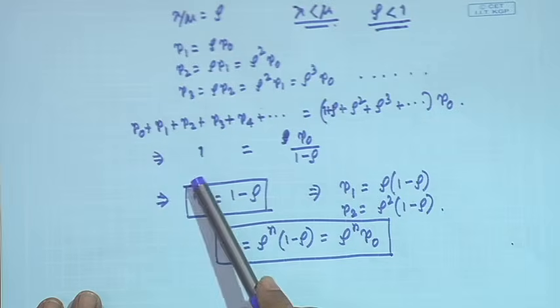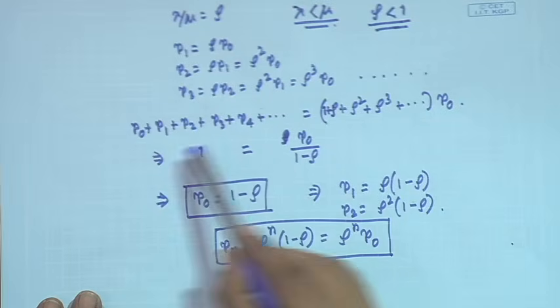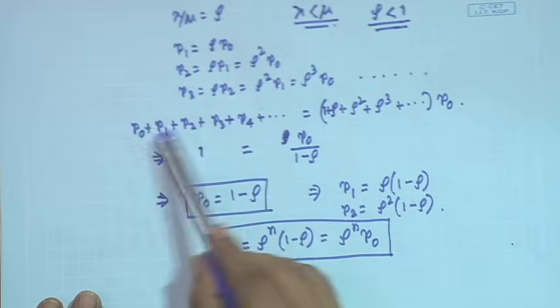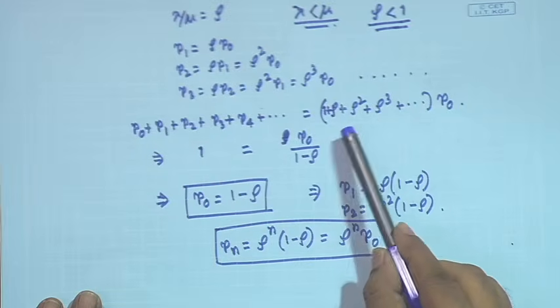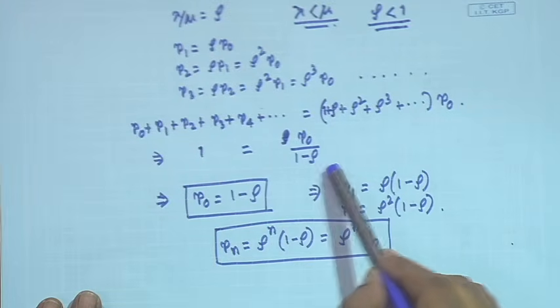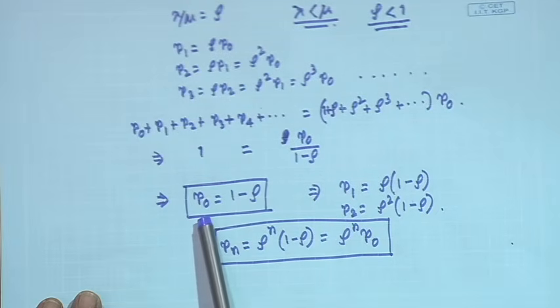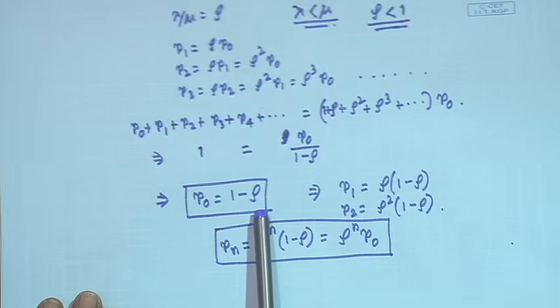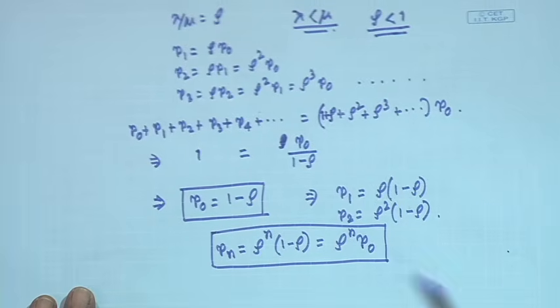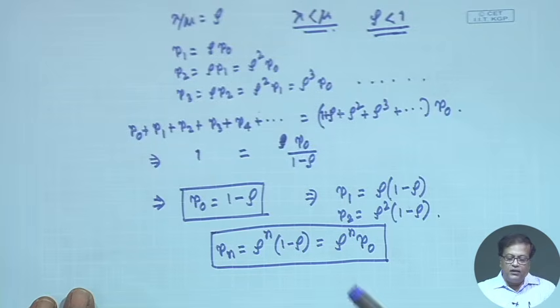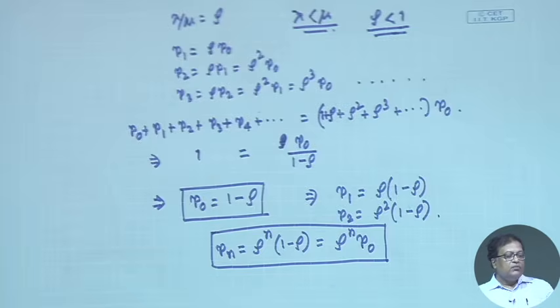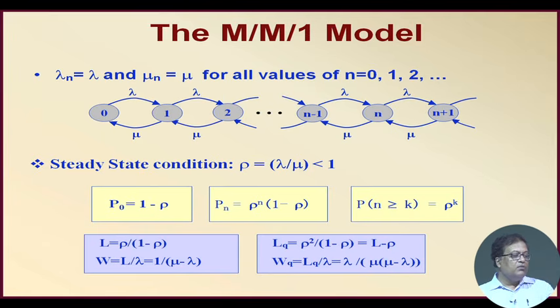One side becomes 1, because the sum of all probabilities is 1, and the other side sum will be P0 by 1 minus rho. From here you can compute P0, which is 1 minus rho, and then Pn equal to rho to the power n times 1 minus rho. From here the different parameters like L, LQ, W, WQ can also be computed.